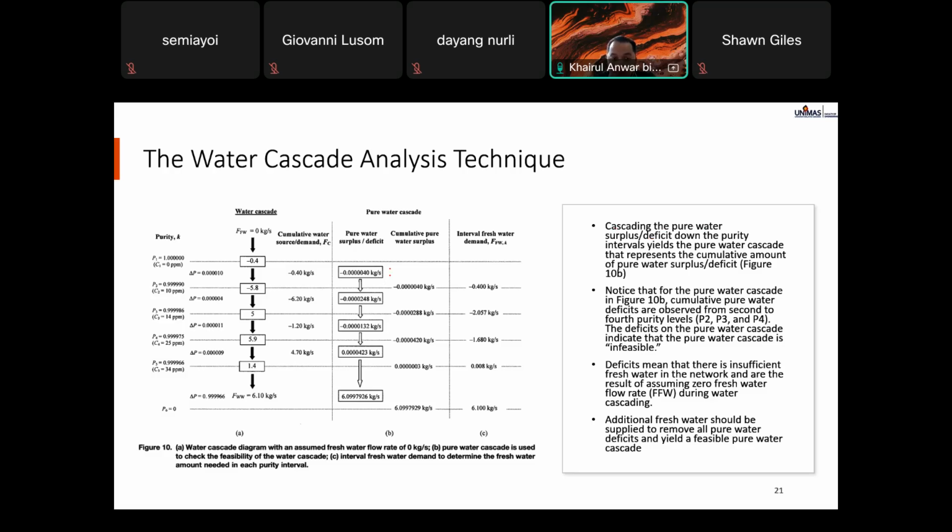So this is the cascading: 0.4 plus this one, then you get this one, plus this one, and so on. The other one is the cumulative pure water surplus.